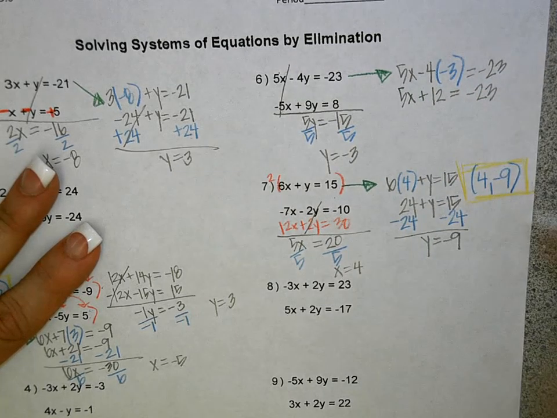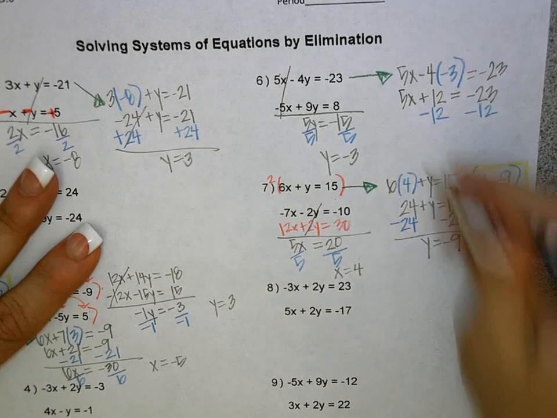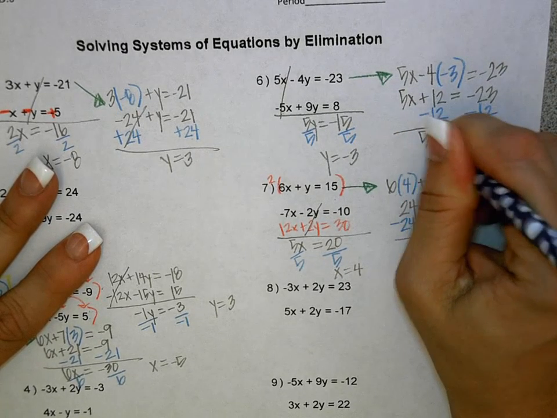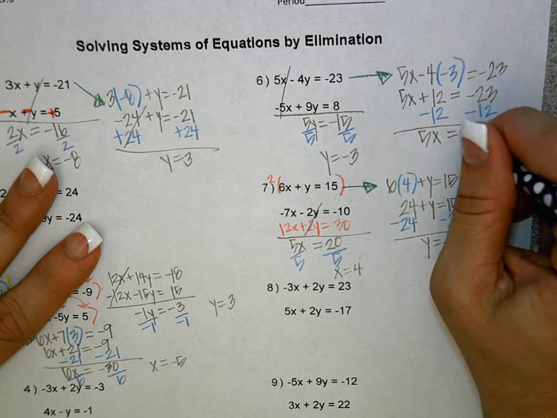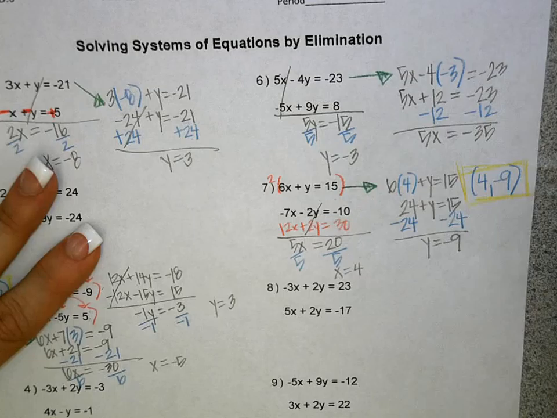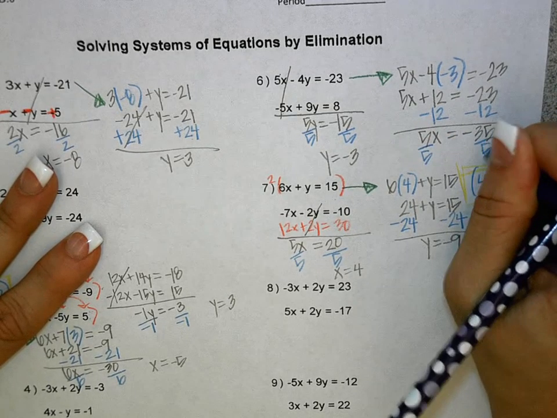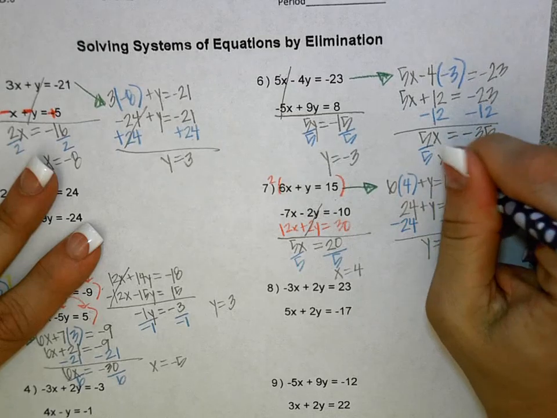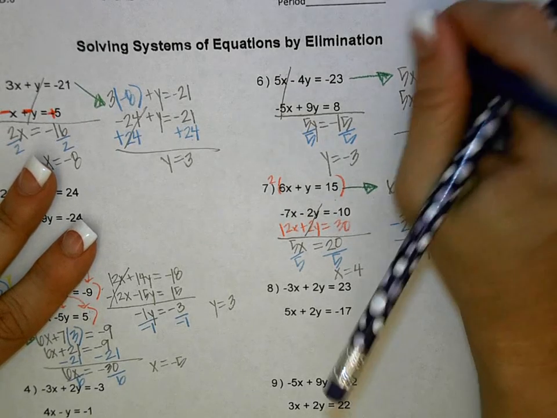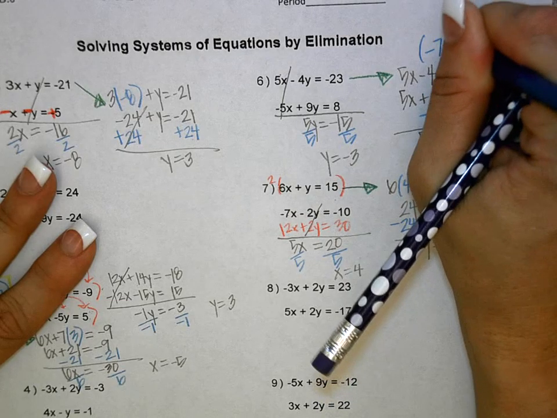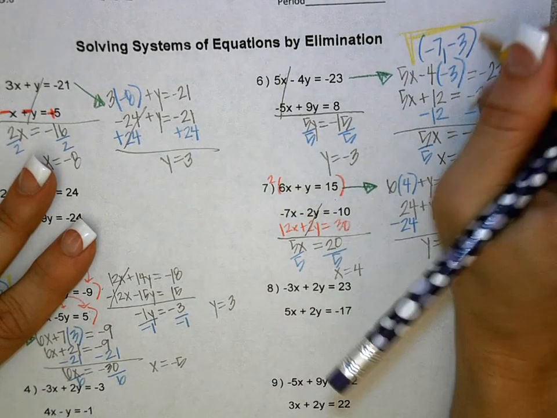To get rid of the 12, you're going to subtract it from both sides. 5x is equal to negative and negative. You add them together, keep the sign. That's going to be negative 35. To get x by itself, divide both sides by 5. And you'll get x is negative 7. So these would cross at negative 7, negative 3.